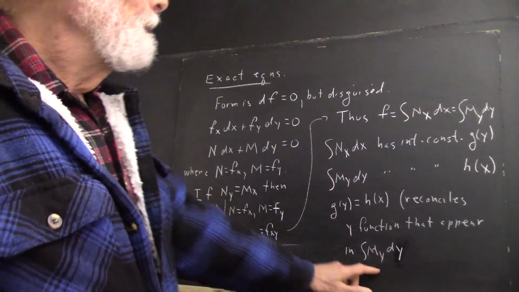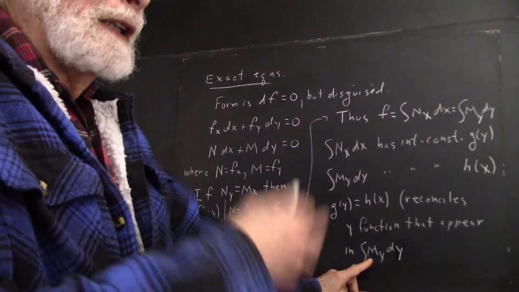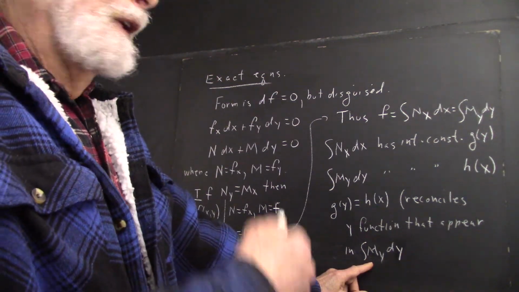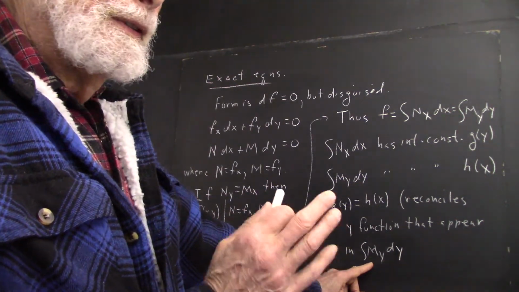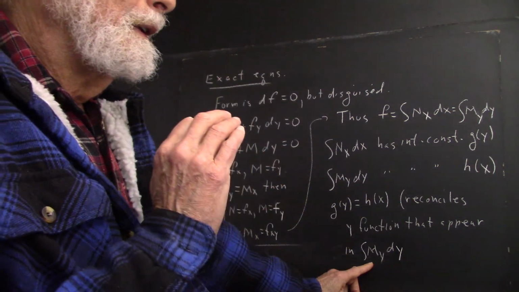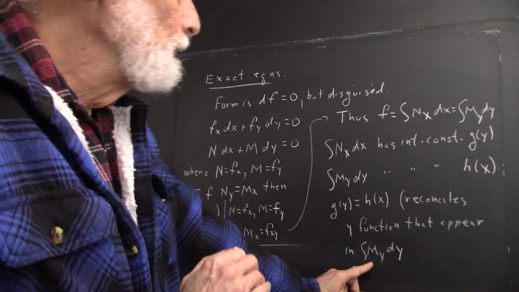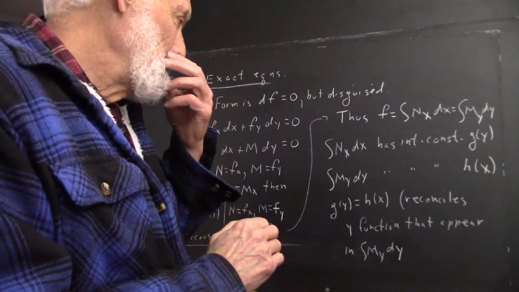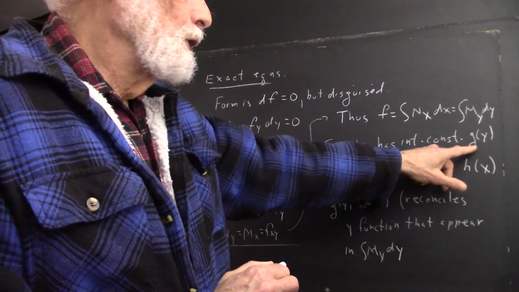Okay, again, this integral m is going to be a function of x and y, so in general when you do this integral you expect to get some terms that involve x and y, and some that maybe only involve y. Those y terms are not going to appear in this integral. That's why you have to have the g of y up here.